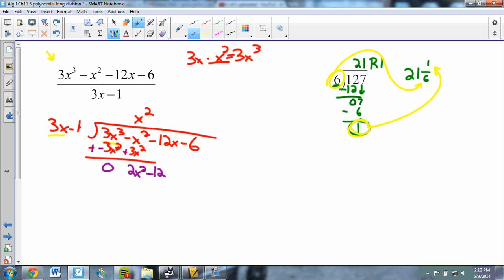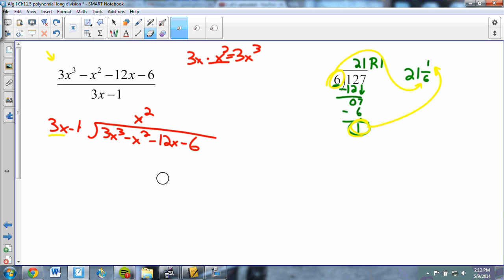Something about this feels wrong. Oh, this number right here shouldn't have been 3x squared. This number should have been 1x squared. So let me just do that all over again.